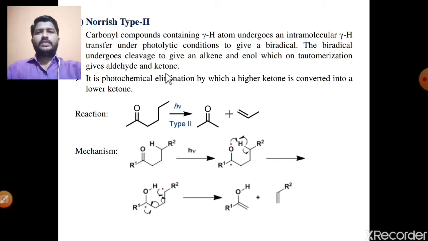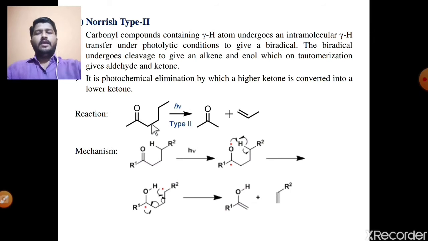The simple reaction in case of Norrish type second, there are basic two steps. Number first step is abstraction of gamma hydrogen, and number second step is a cleavage of bond between alpha carbon and beta carbon. It gives finally alkene and enol, which on tautomerization gives aldehyde or ketone molecule. It is a photochemical elimination by which a higher ketone is converted into its lower ketone.